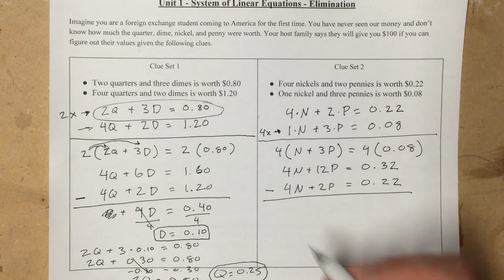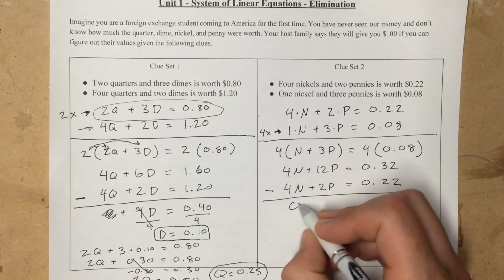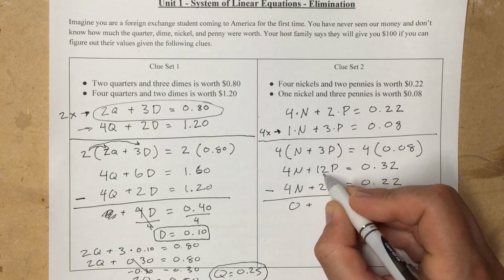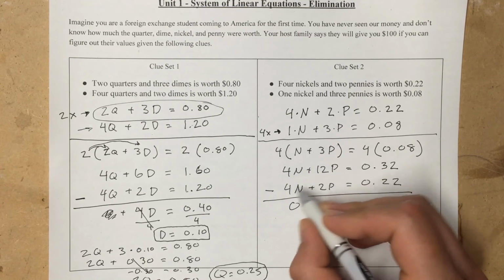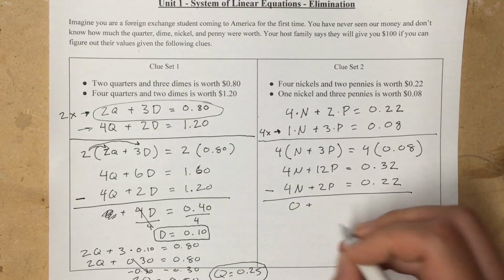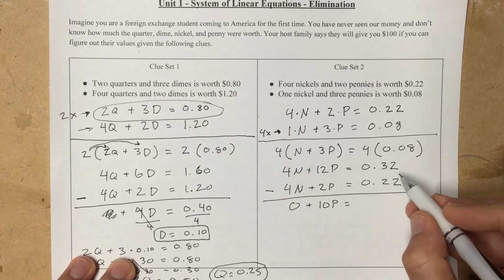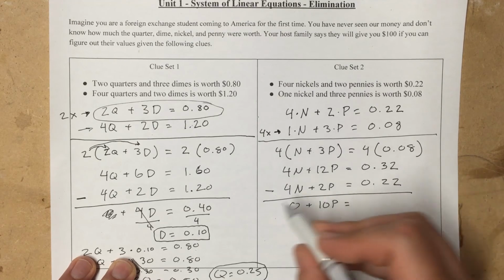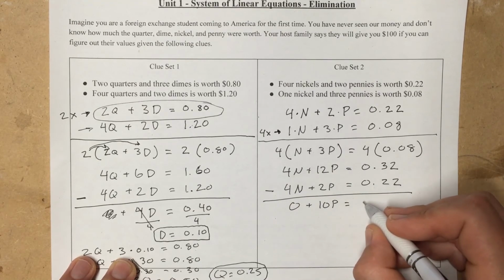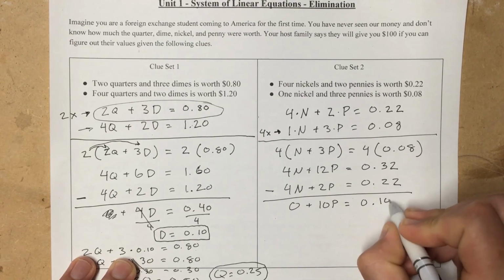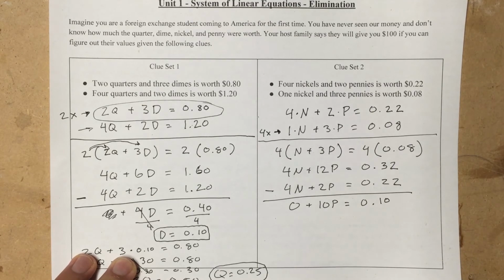So when I use subtraction here, 4n minus 4n, that's 0, plus 12p minus 2p, this is 10p, so 10 pennies is equal to 32 cents minus 22 cents. So 10 pennies is equal to 10 cents. That makes sense. That's good.